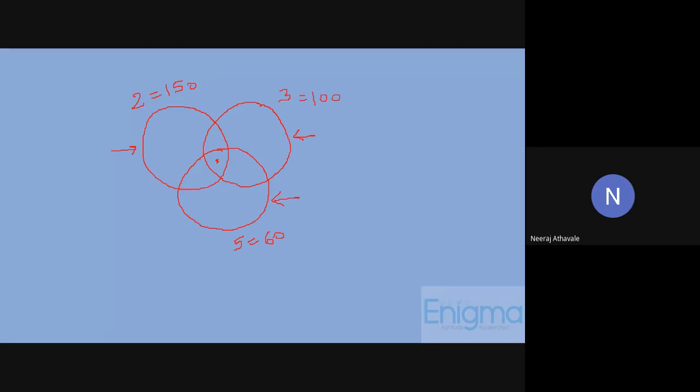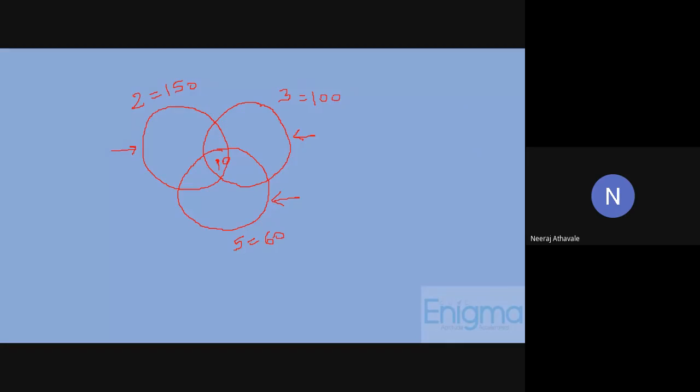So 300 divided by 30, the answer is 10. Okay. So that's what we write down over here. So 10 numbers are common to all 2, 3 and 5, starting with 30, then 60, 90 and so on until 300. Okay. So this is for the central region.